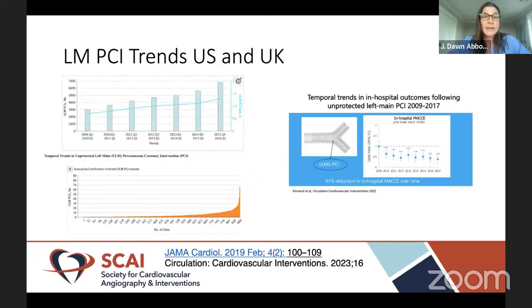But the important thing to note is that we can do a good job with this lesion subset. Among the centers and operators that are performing left main PCI, we're seeing excellent in-hospital MACE, around 2 to 2.6%. And this data is back from 2016, 2017. The trends have shown decreasing complications and improved outcomes over time. Part of this is due to the education of operators on optimal techniques to treat this complex lesion subset.